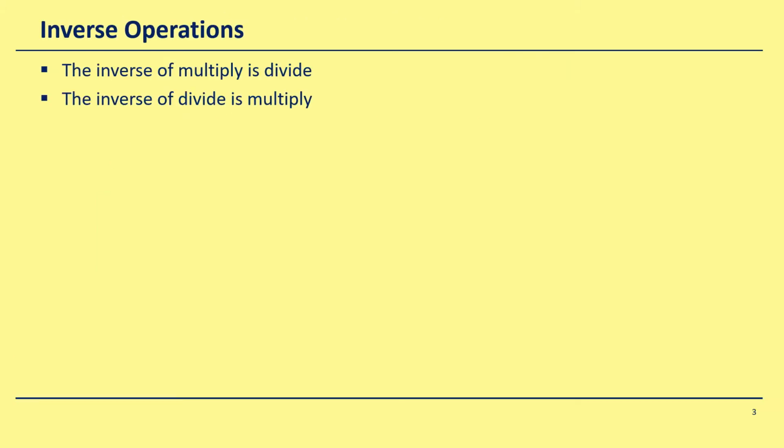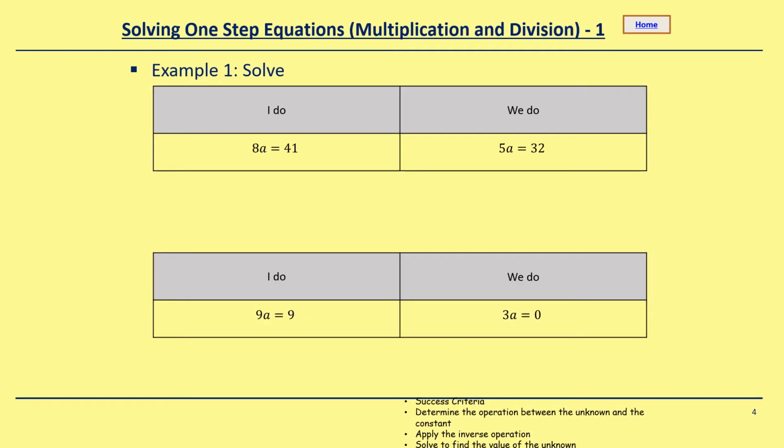So just a recap of inverse operations. The inverse of multiply is divide, and the inverse of divide is multiply. Example 1. We've got an equation here, 8a equals 41. Remember in algebra, a letter beside a number means multiplied.